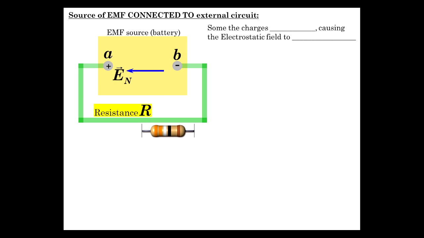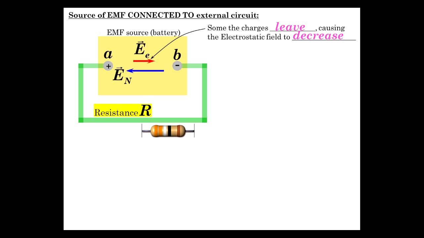Now we have this non-electrostatic electric field, and that is a constant of the battery, and it separates charges. Now those charges have a path through which to flow, so some of the charges leave A and go to B, and that causes a reduction in the charge separation, reducing the electric field.